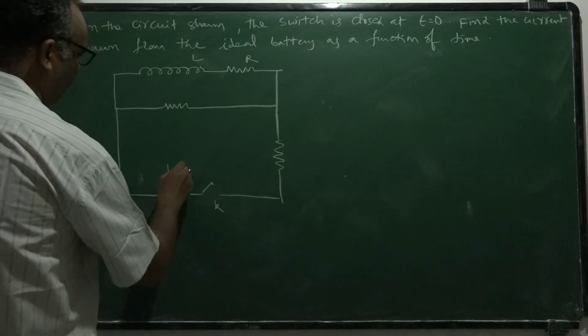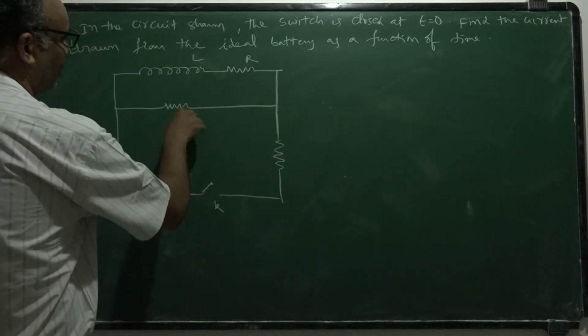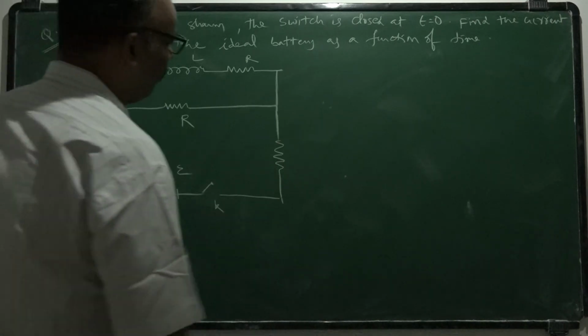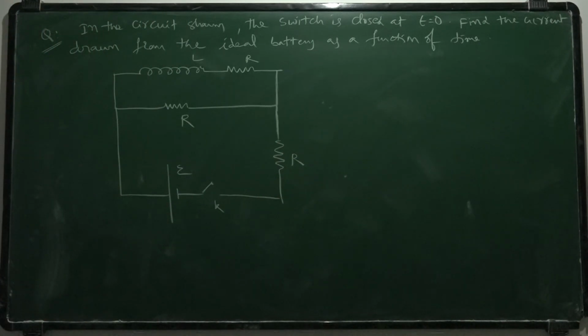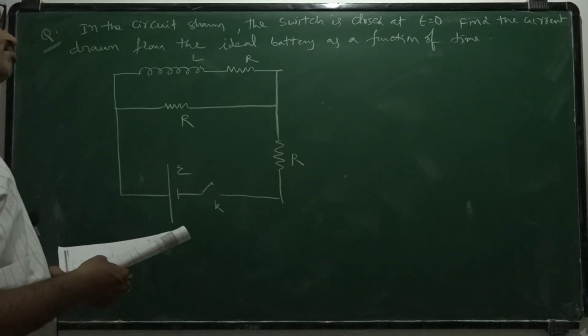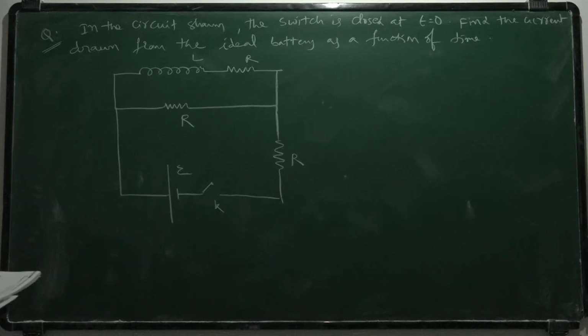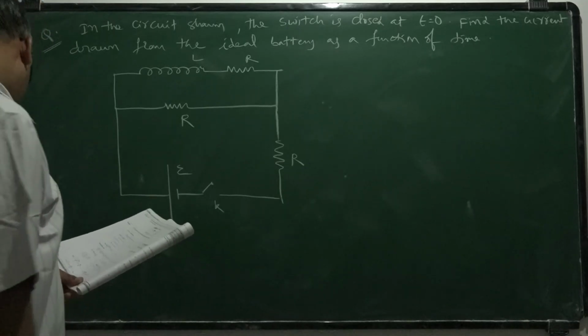This is a key, cell of EMF E, resistance R, one more resistance R is here. So this is the circuit given to us. We are asked to find the current drawn from the ideal battery as a function of time. So the solution is a little bit lengthier, but anyway we will try to solve it.